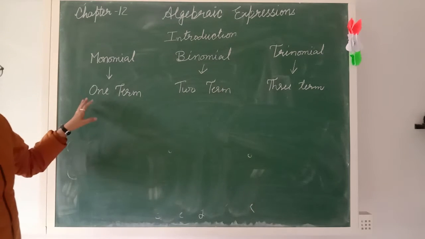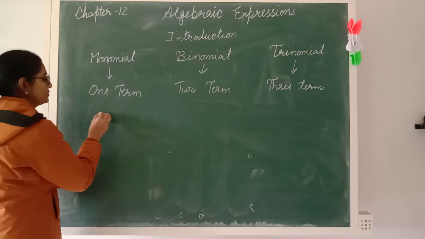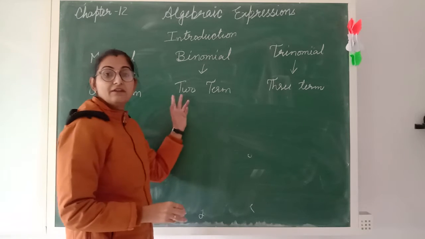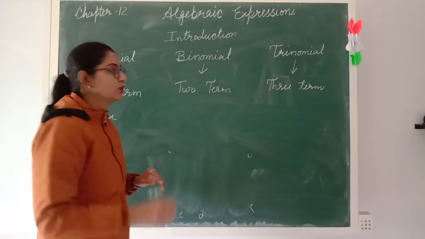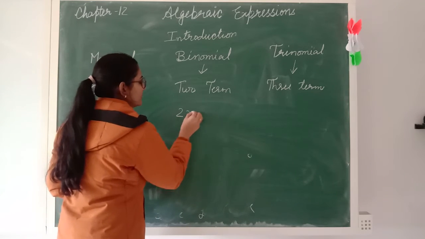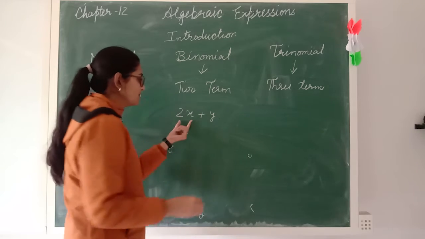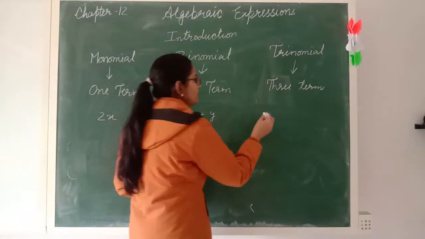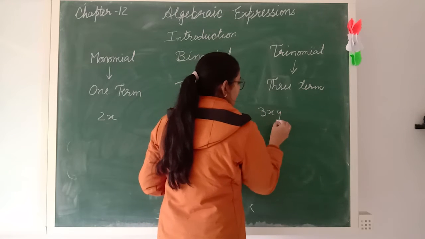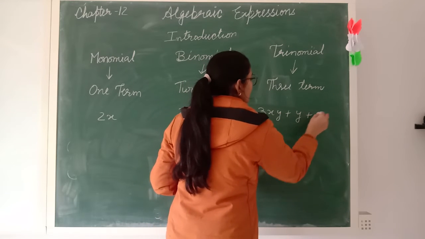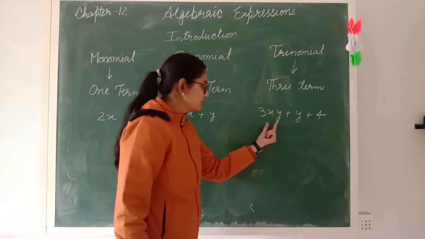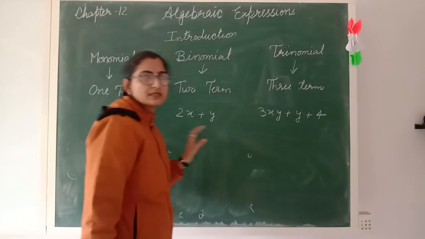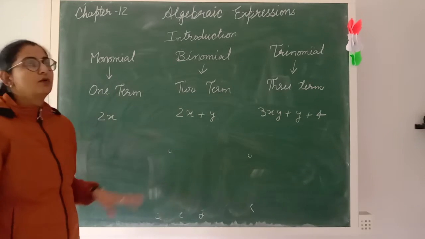A monomial expression has only one term, like if I write 2x, a single term. Binomial having two terms, an expression in which two terms are written, like 2x plus y. Two terms: first is 2x, second is y. Trinomial, if we write 3xy plus y plus 4, having three terms: one is 3xy, second is y and third is 4. So this is about monomial, binomial and trinomial.